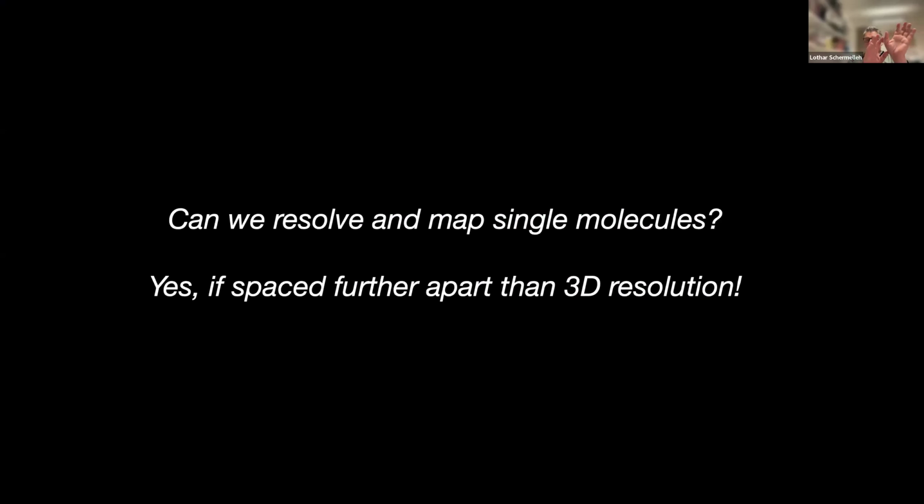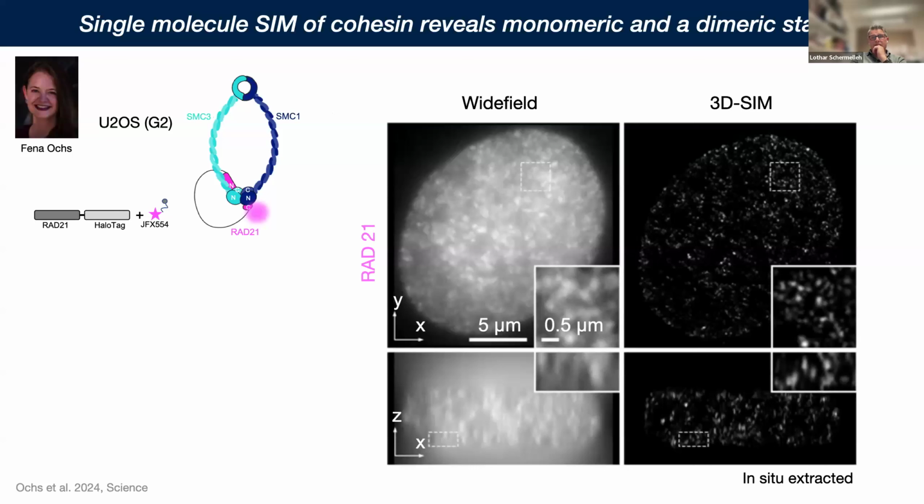Okay, so there was a lot about this kind of work, and I want to shift gears to a slightly different story. The basic question is whether we can map single molecules with SIM, and the answer is yes, if these molecules are far enough spaced apart.